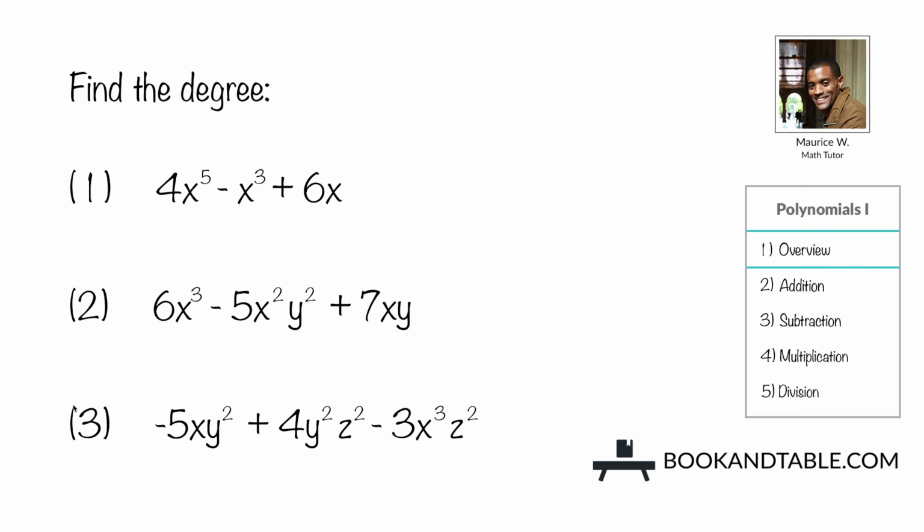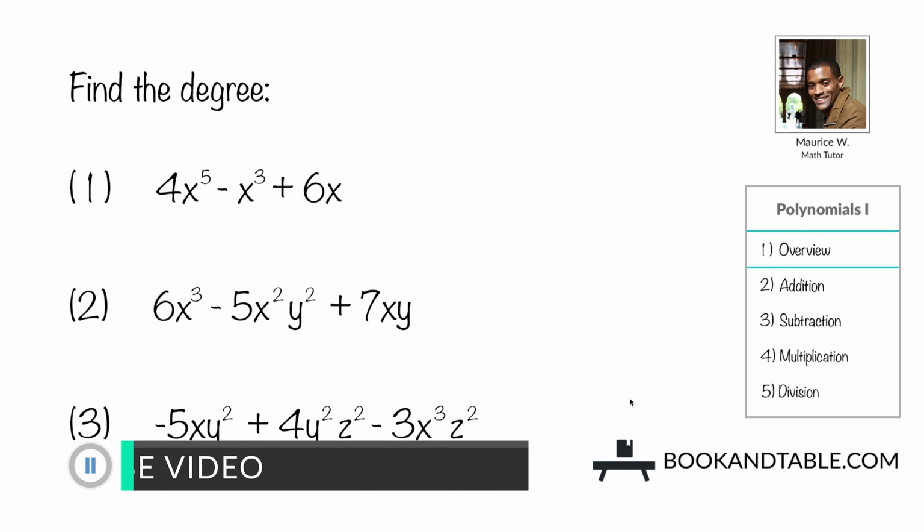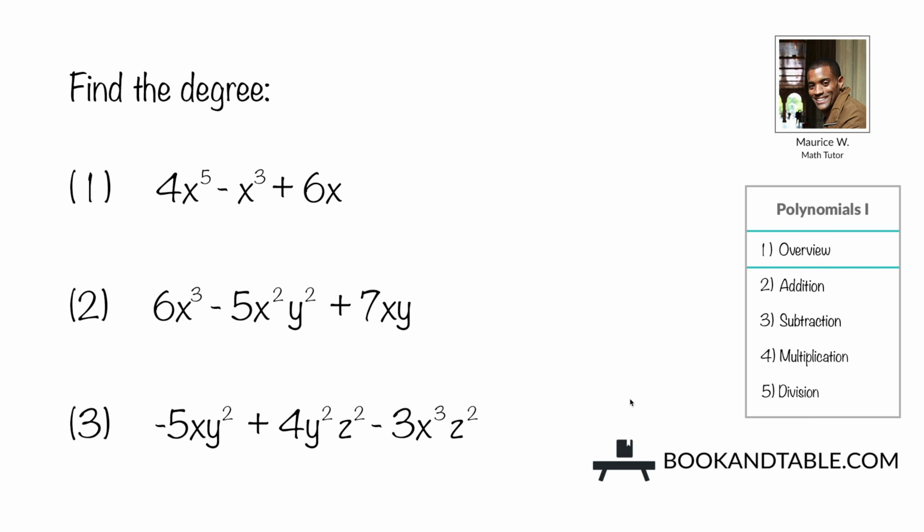In question number 3, find the degree of negative 5xy squared plus 4y to the 2nd z to the 2nd minus 3x to the 3rd z squared. Pause the video, answer these questions, and then press play when you are ready to begin.